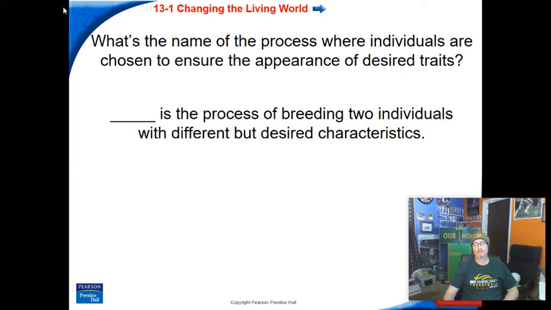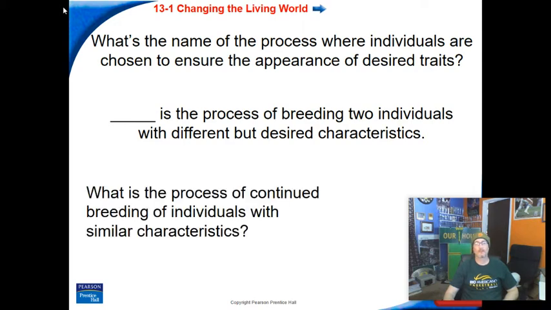Take a look at number 3 and 4. Hybridization. What's the process of continued breeding of individuals with similar characteristics? Take a look back at number 5. Yeah, you got it. Inbreeding.